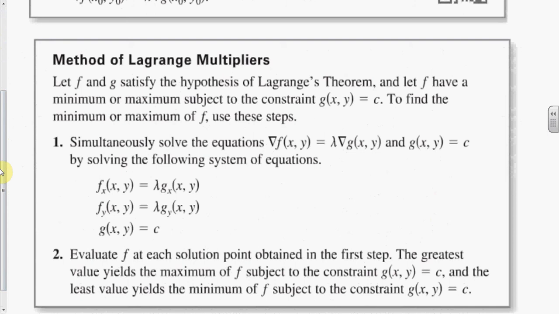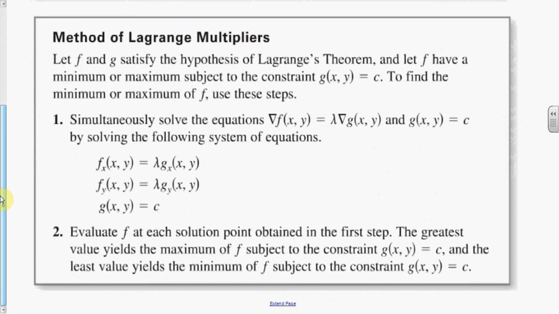Number two, which most of his problems, he will either tell you that you're looking for a maximum or you're looking for a minimum, but if he doesn't, then evaluate f at each solution point obtained in the first step. The greatest value yields the maximum of f subject to the constraint g, and the least value yields the minimum of f subject to the constraint equation g.